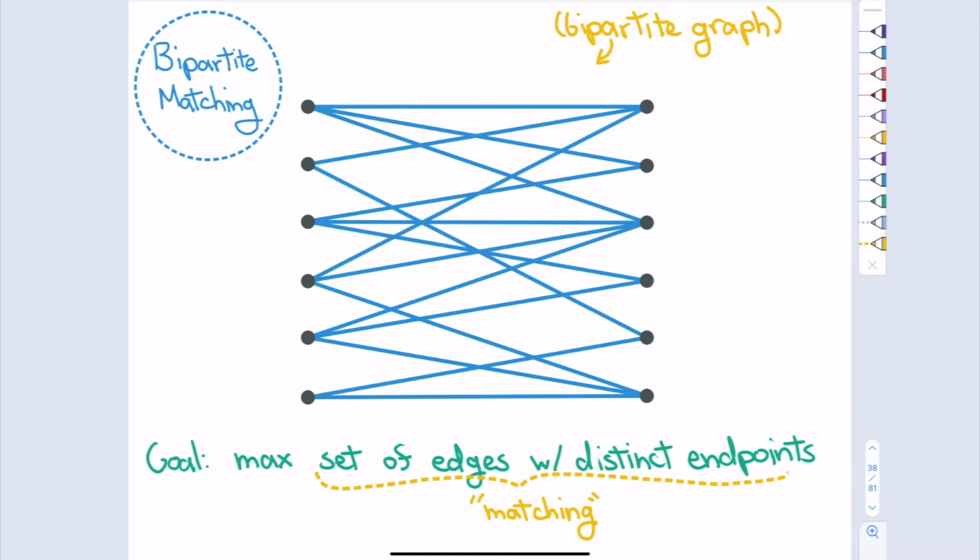Okay. All right, so this one, I thought I'd open up the floor and ask, what is the maximum size matching in this graph? I'll wait a little bit so you guys can stare.